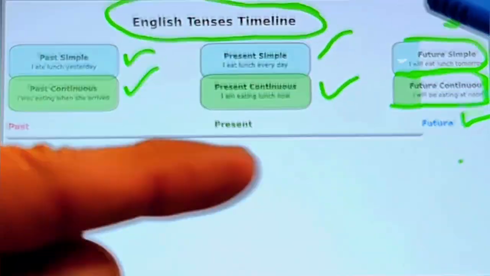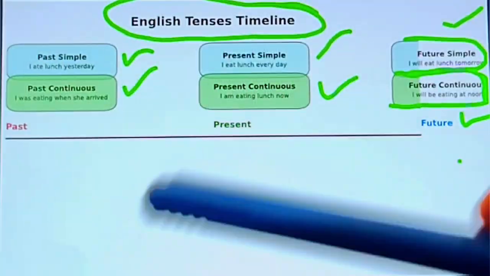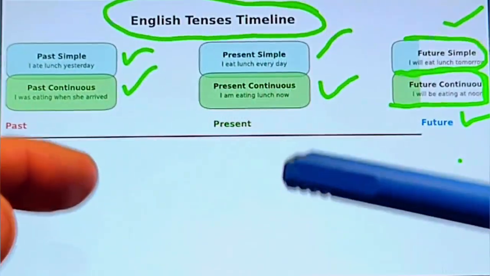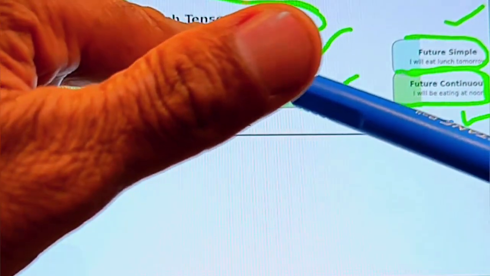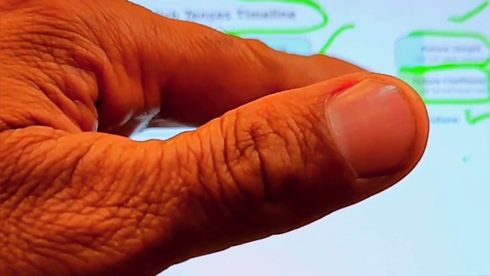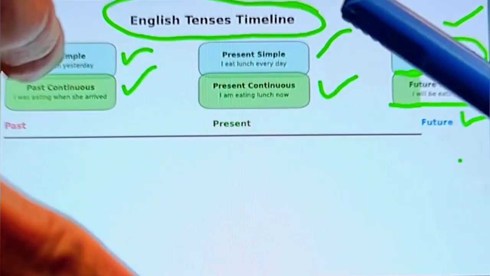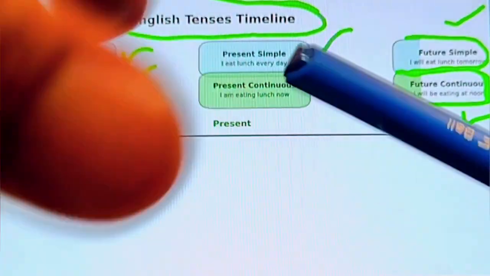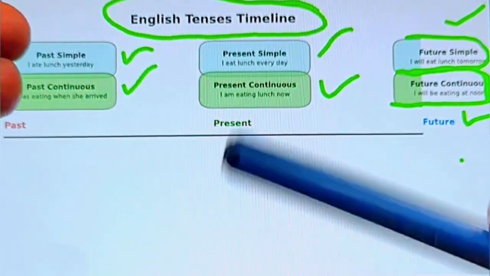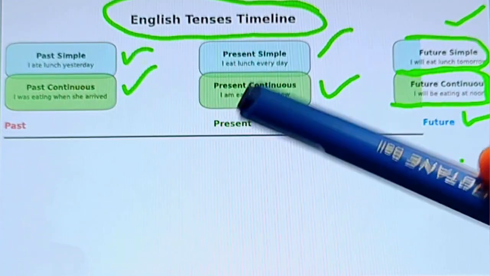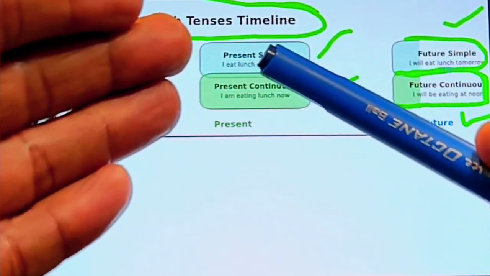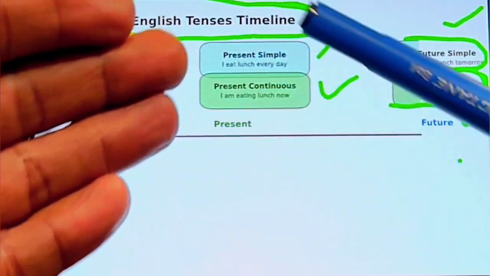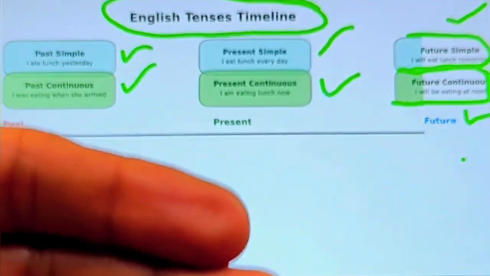So when we compare all these sentences, we can understand very easily. Past simple here, present simple here, and future simple here. When we compare these sentences, we can guess very easily. I ate lunch yesterday. Yesterday is past, that's gone. And I eat lunch every day. This is simple and it's present time.